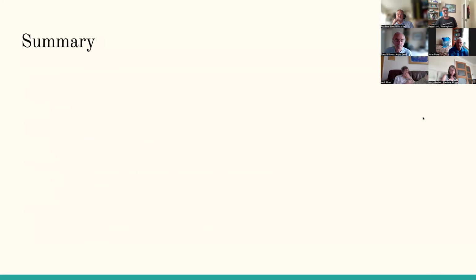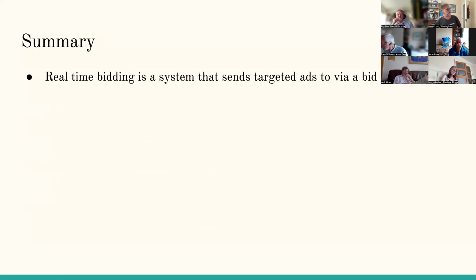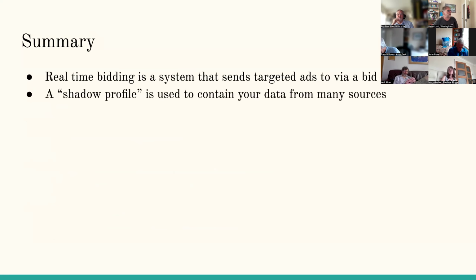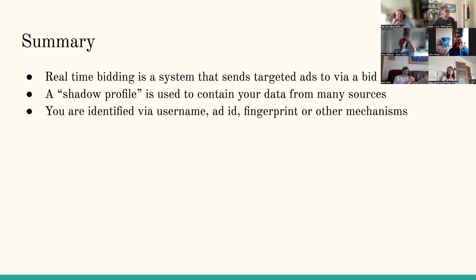So coming on to a summary, and I'm sure there's going to be some additional chats as well. Real-time bidding is a system that sends targeted ads to you via this bidding process. A shadow profile is used to contain data about you from many sources. Some of which it gathers from stuff that you do, some of it things that you volunteered, and some it gets by buying from other data brokers and so on.